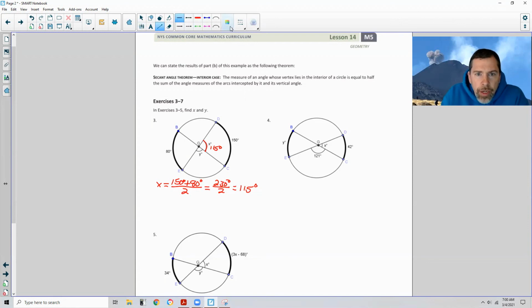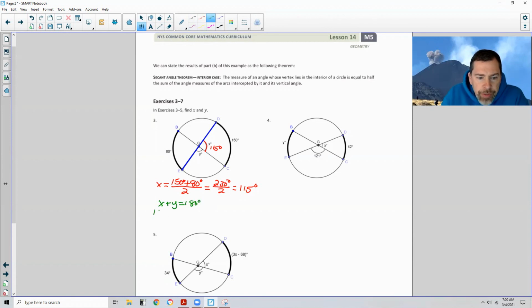Okay, so how do I find the others? If I drew this, that is a straight line. X plus Y equals 180 because they are a linear pair. So X plus Y equals 180 degrees.